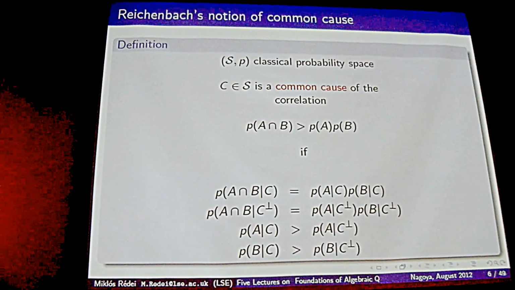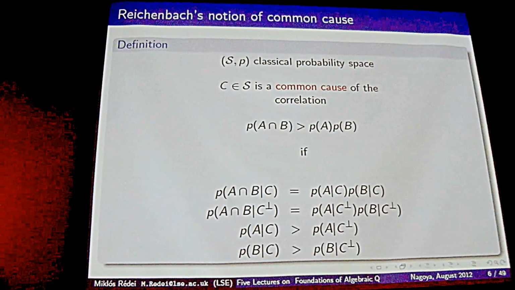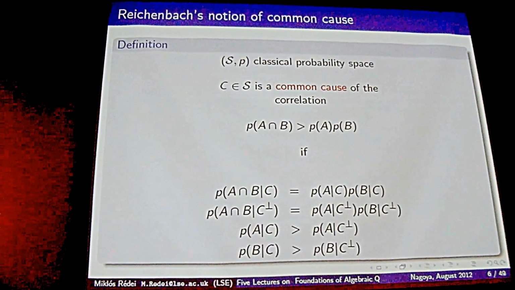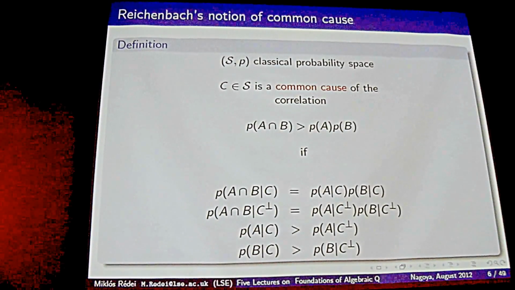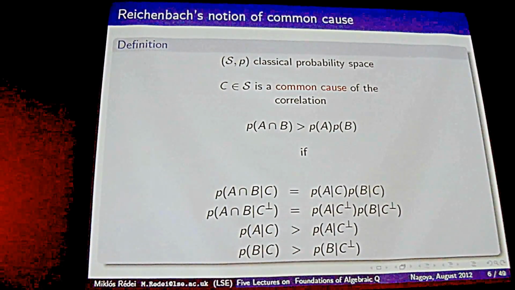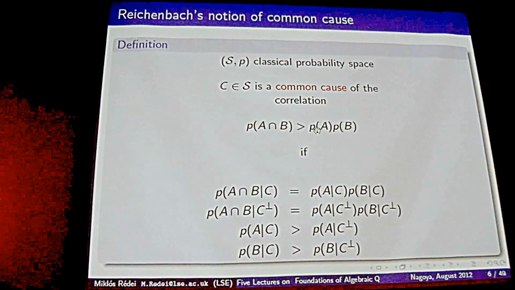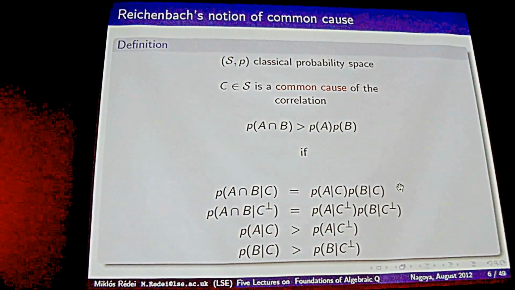Now, you might want to ask, why this definition? What's the rationale behind it? There is a rationale behind it which I'm not able to detail here. There are intuitively appealing classical examples of situations in which an explanation by the common cause along these lines seems to be intuitively attractive.